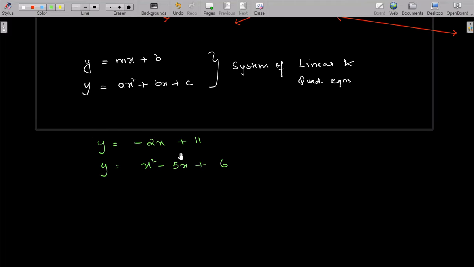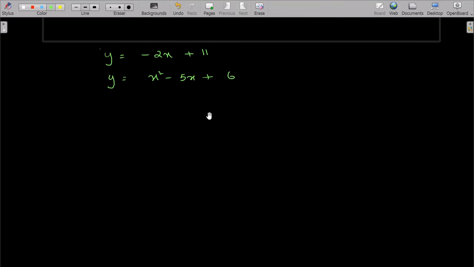We want to find out whether this line will touch, intersect, or not touch at all. You said by solving. So how would you proceed if you have to solve this system of equations? I would set them equal to each other. Perfect. So we would set them equal to each other.